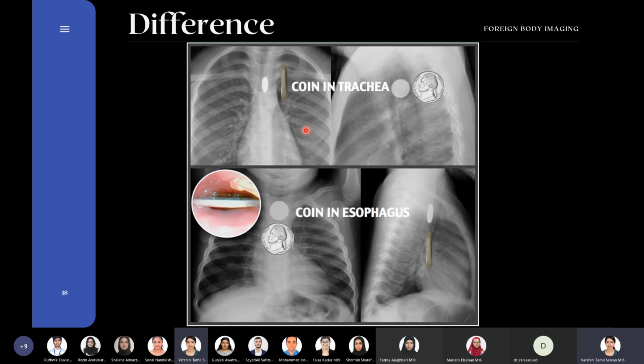But the one that's lodged in the trachea is more dangerous and more fatal than the one in the esophagus because it can go into the bronchi and can cause a lot of distress for the child and even for the adults. Is it clear, everyone?